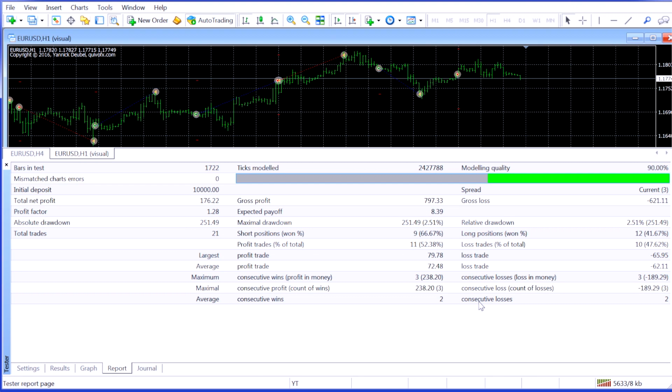You need to make sure that there's consistency in these numbers. You don't want to see a strategy that has a high percentage of winning trades only from long positions, because then that could mean that the data that you're testing over maybe was not as realistic in its distribution as it should be.